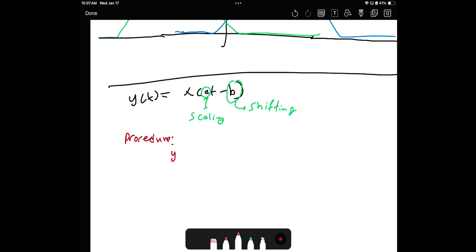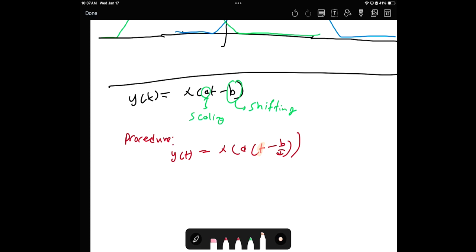We need to simplify by making the factor of t as 1. So y of t will be x of a, then between brackets t minus b over a. So note that the factor of t is only 1. That's why I take a as a factor. Then it will be t minus b over a.